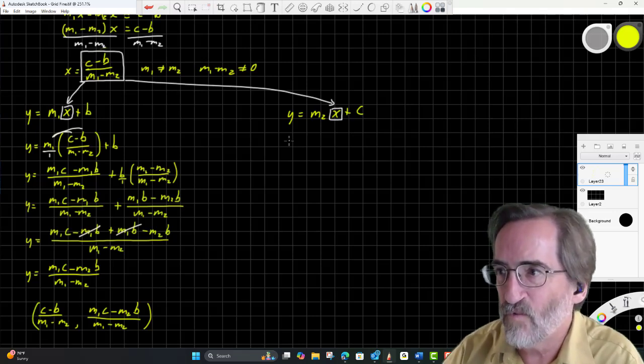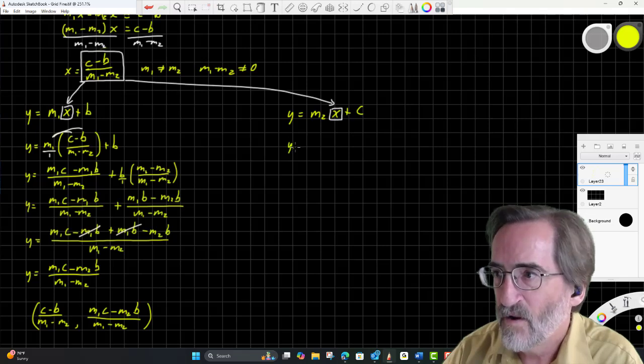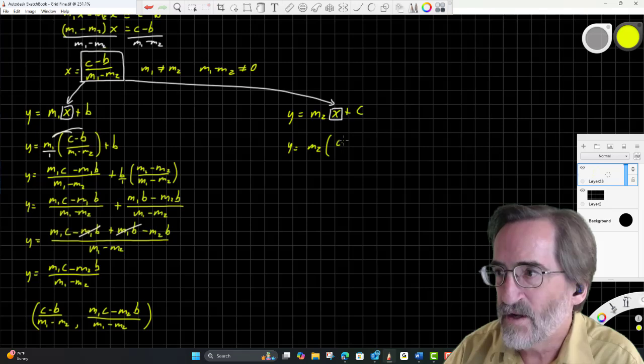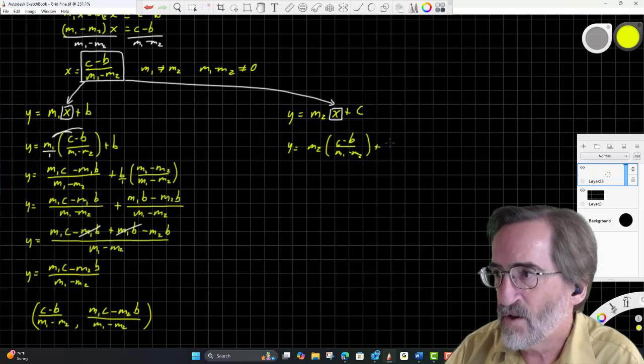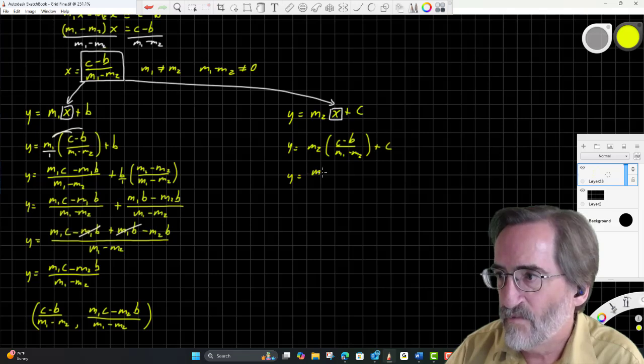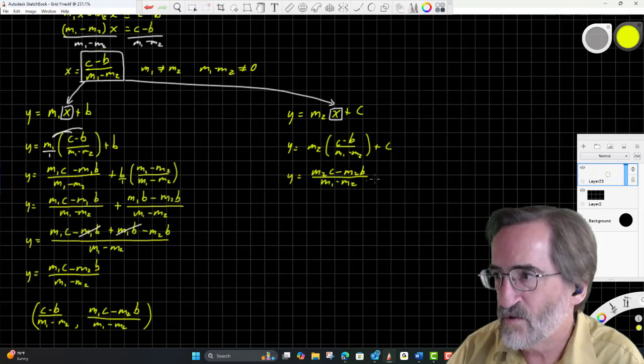Let's verify it works out here in this one. y equals m2 times x. x is (c minus b) over (m1 minus m2), plus c. Distribute: m2c minus m2b over m1 minus m2, plus c.